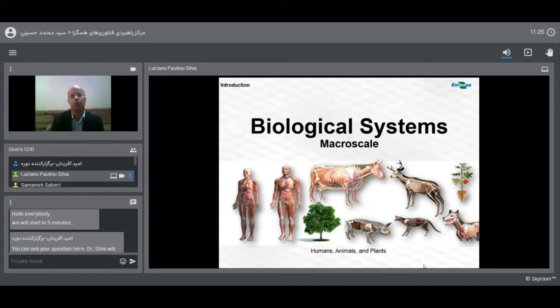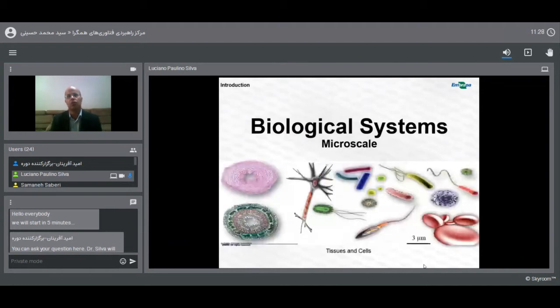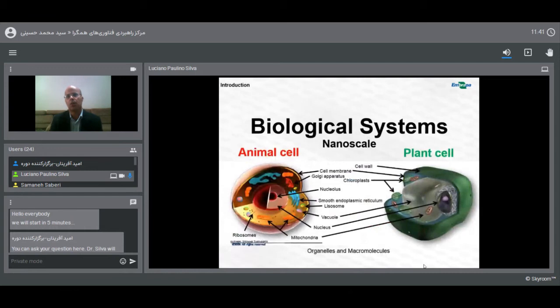We can also talk about them at the micro scale, the scale in which we have the fundamental unit of life, the cells, and also the tissues. And we can understand biological systems at the nanoscale, the scale in which we have the structures inside the cell, such as organelles and macromolecules from animals, plants, and even microorganism cells.